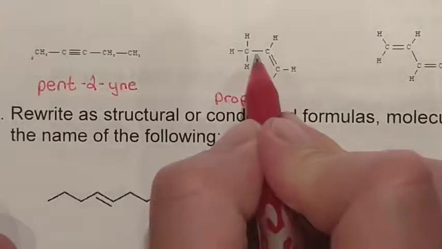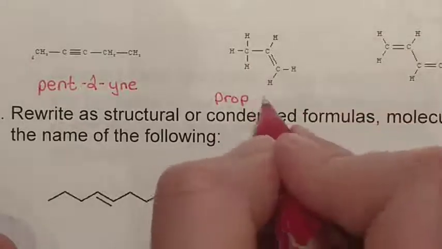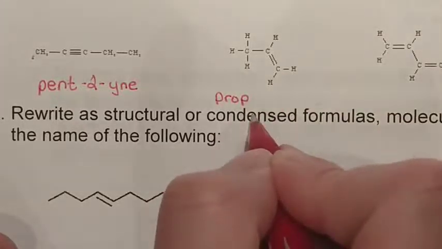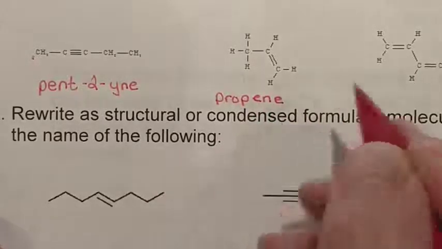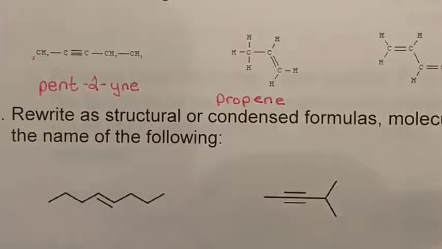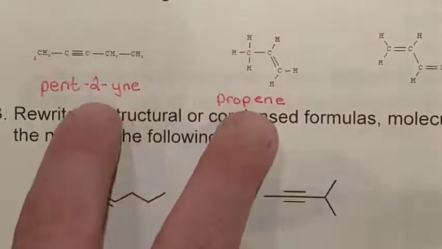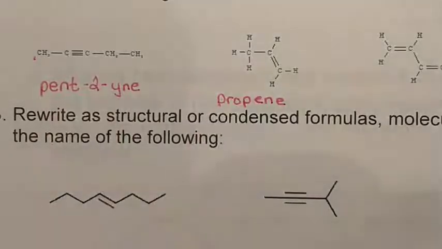While this is technically prop-1-ene, because there are no isomers of where the double bond can be, the 1 is often dropped, and you will see that reflected in your examples in the textbook and online. So we would actually call this propene. It is a situation in which we drop the number. We do this in chemistry. We try and drop redundant numbers whenever possible.